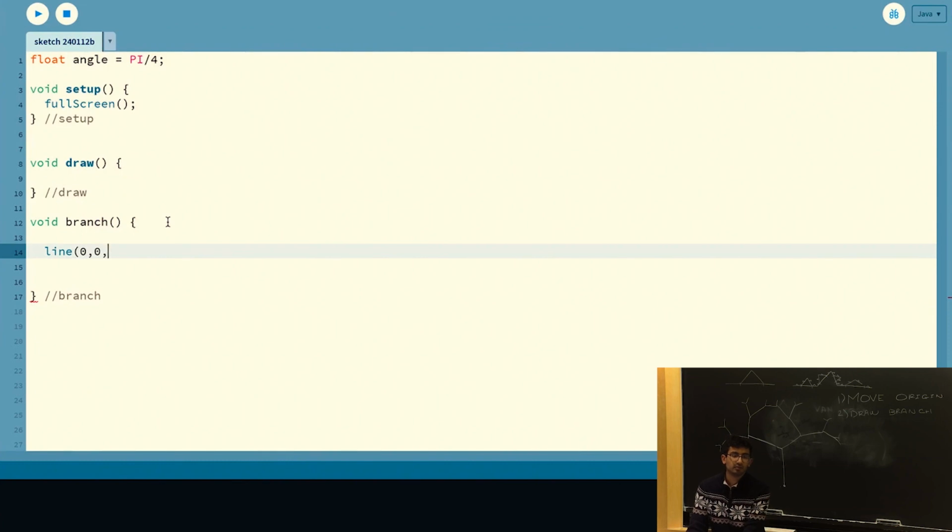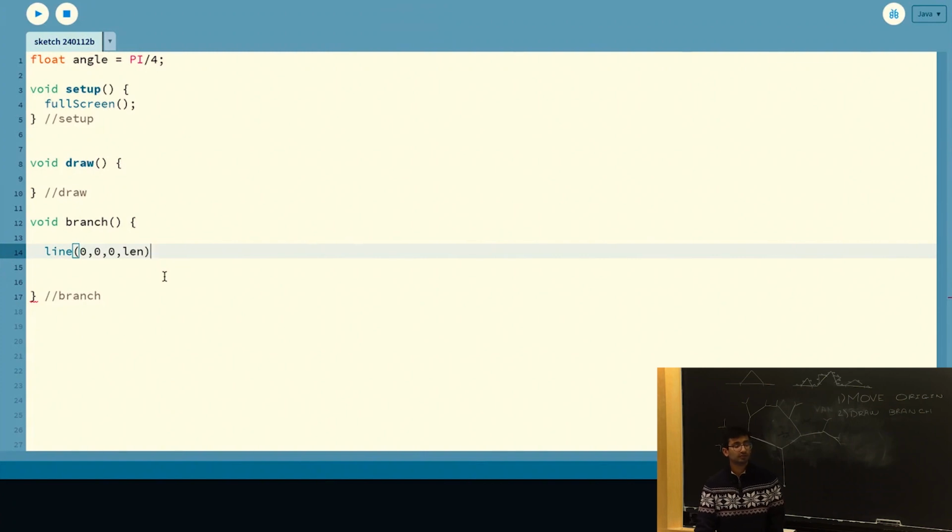And this straight line up will mean an angled branch because we change our coordinate system. And so all we want to do to draw a straight line is go from 0, 0 to some length up. And maybe we don't know exactly what that length is. Maybe we just outsource it to a variable. And so this should draw a straight line.